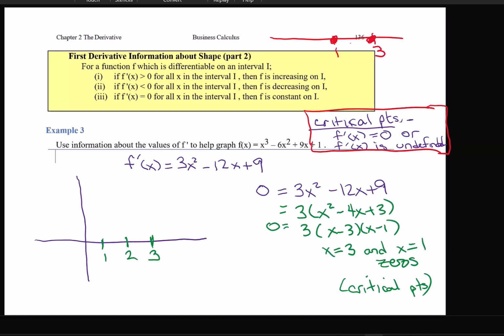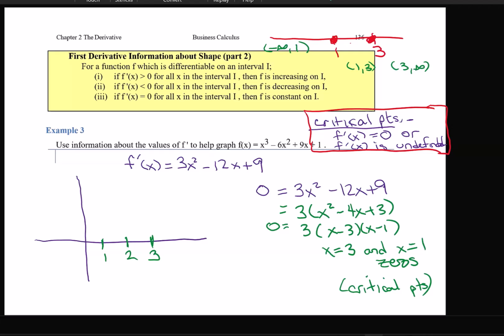There's two different ways you could do this. I'll do it the way most people do it, and then I'll do it the way I like to do it. I have these 3 different intervals. I want to know what happens on the negative infinity to 1 interval, the 1 to 3 interval, and the 3 to infinity interval. So from negative infinity to 1, everything is the same, nothing's changing.